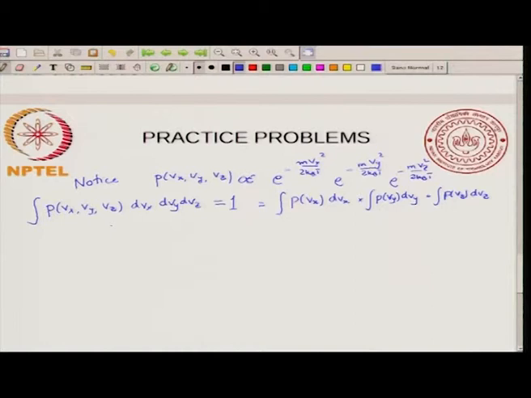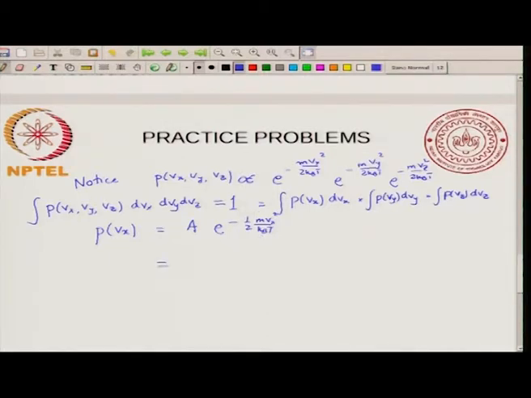You know the normalization constant: if you just take one Vx, then this is equal to a times e to the minus half m Vx square by kBT. You know the value of this normalization constant because this is just a Gaussian function.